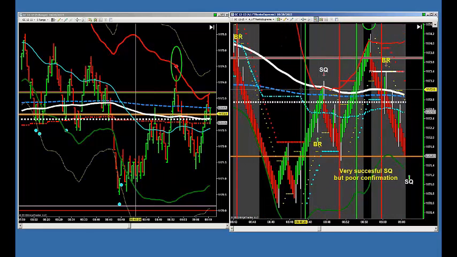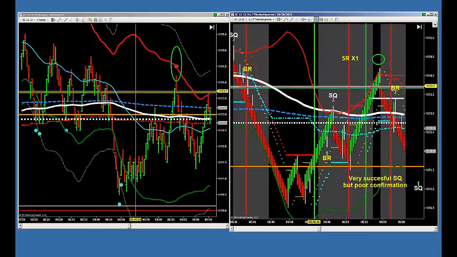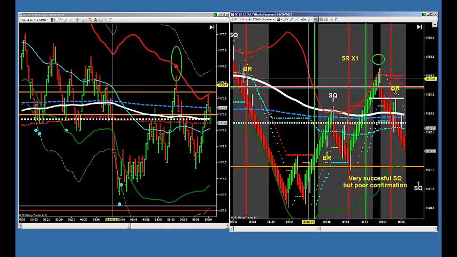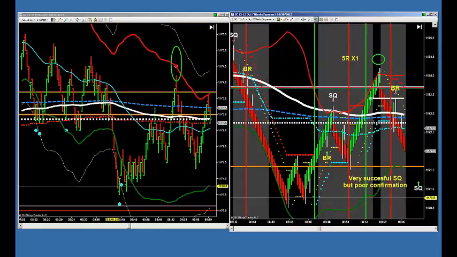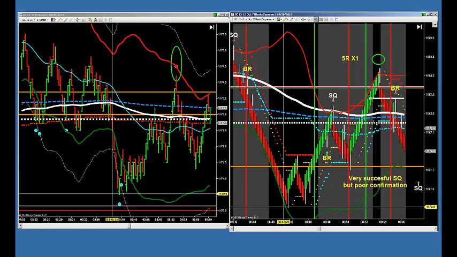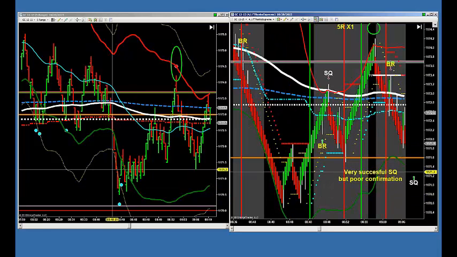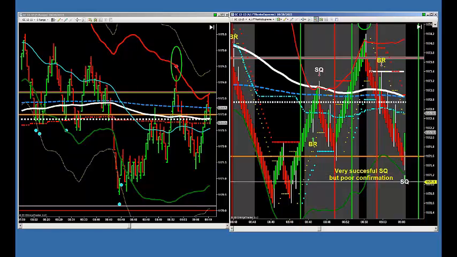If you take a look over here, you notice that price spiked down, and it is well past 3 standard deviations. And of course, the little X1 signals are going crazy that far out. And sure enough, price moved. So one of the things I look for is just, did the price spike?